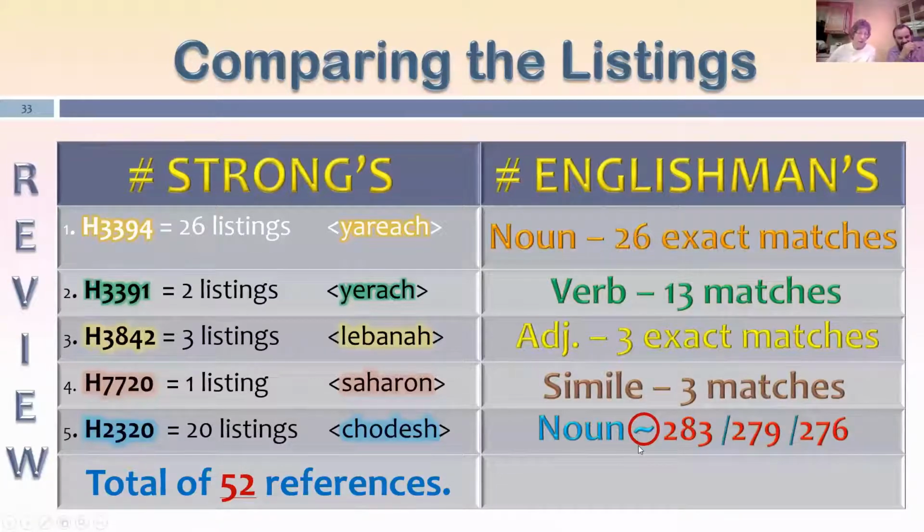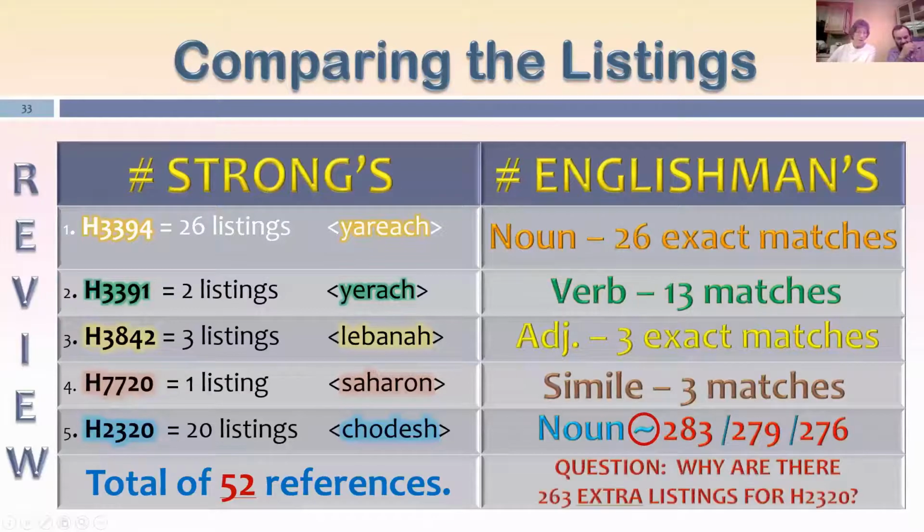I've kind of found that when you see that, that means about. Okay? So it could be 283 in my program, 279 in the eSword, I believe, and 276 in Blue Letter Bible. Okay. So the question this time is, why are there 263 extra listings for 2320, according to the PC Study Bible? So you guys did really good.